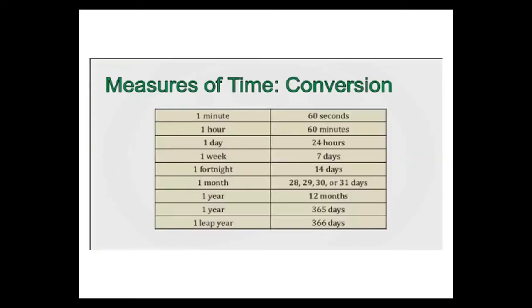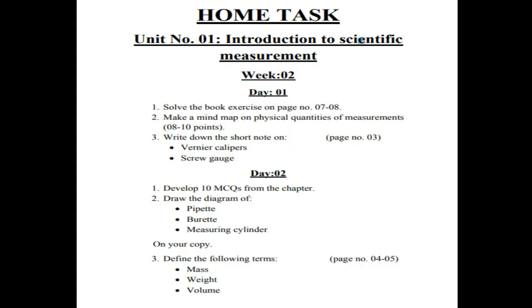These are the conversions of time. 1 minute is equal to 60 seconds, 1 hour is 60 minutes, 1 day is 24 hours, 1 week is 7 days, one fortnight is 14 days, 1 month is 28, 29, 30 or 31 days, 1 year is 12 months, 1 year is 365 days, and 1 leap year is 366 days.